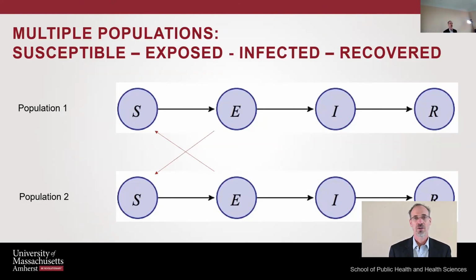We can easily draw arrows from the I category over to S as well. These types of models are good when you want to, for example, look at different age groups within a population, or different social groups, or different geographic groups, or whatever, or even between vectors and hosts. There's all different kinds of things you can do with these types of models, and it can get really complex really quickly.